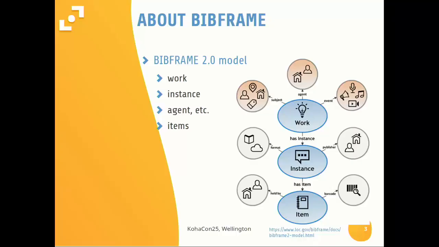Bibframe is a model that consists of RDF classes and properties. This model describes bibliographic entities such as the work. A work is where we can find the information relative to the title, the author, the subjects, for example. Another entity is the instance, which is a specific edition of a work.